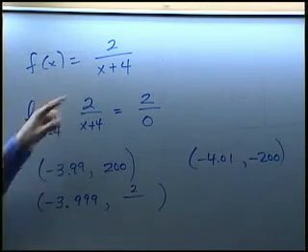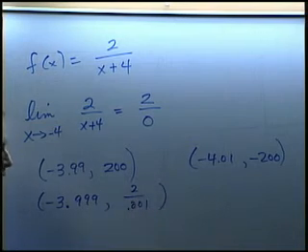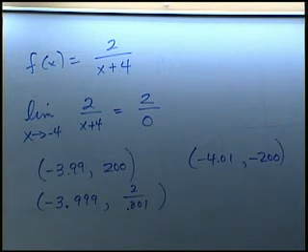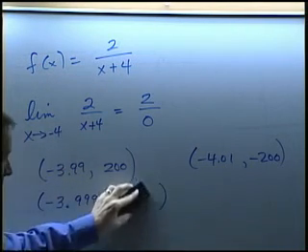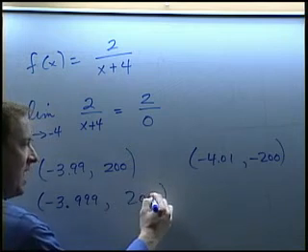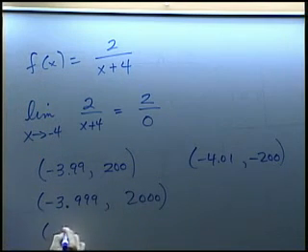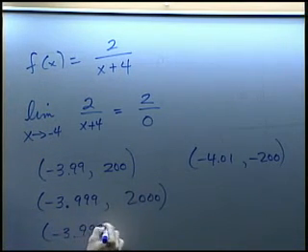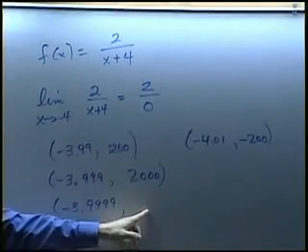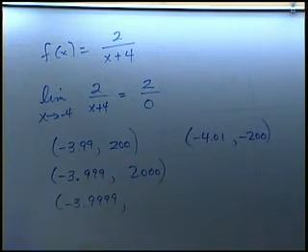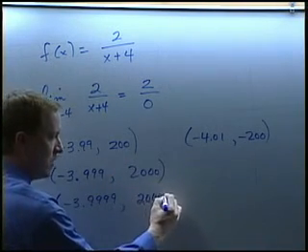The denominator this time will be 0.001, just adding an extra decimal place. And so what's 2 divided by 0.001? 2,000. And if I get even closer to -4, this one should be what? 20,000, right. We're just going to continue to add an extra 0 in here.